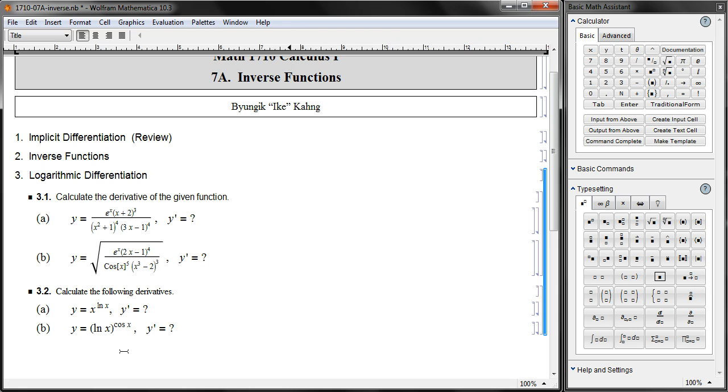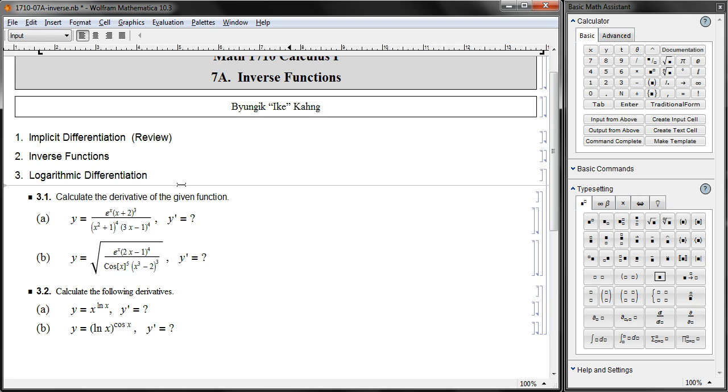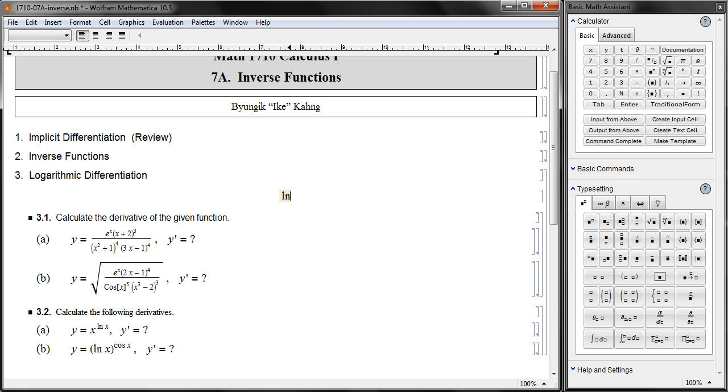Now, for logarithmic differentiation, we're going to have to use some log rules, so let me remind you of them. Log of a times b is log of a plus log of b, and that's rule number 1.